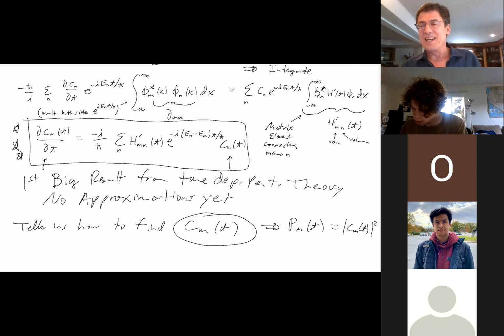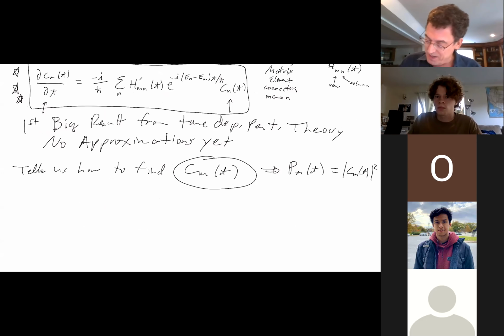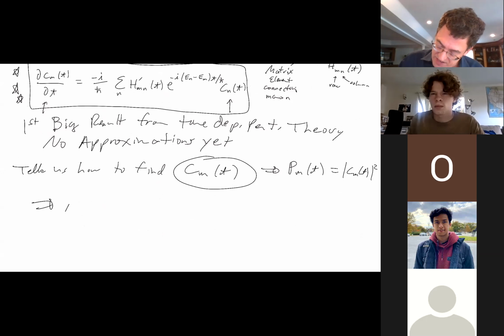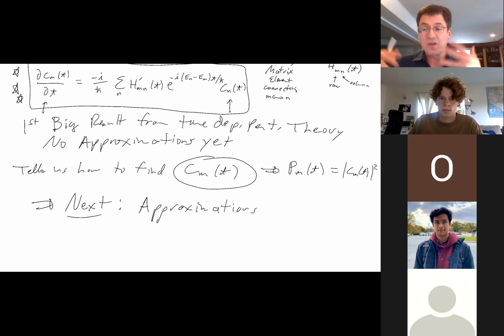It looks like it might be impossible to solve, but actually we can solve it by using approximations. What we need next is some approximations, and that is really the essence of perturbation theory.